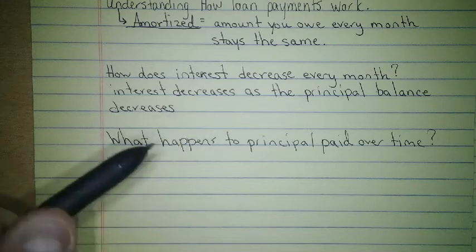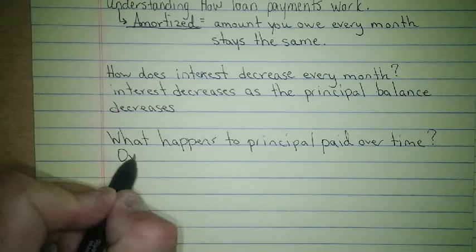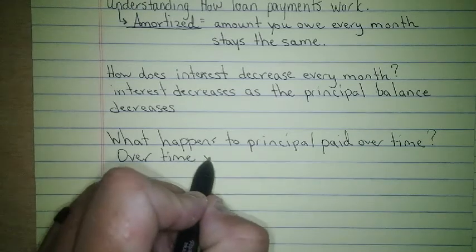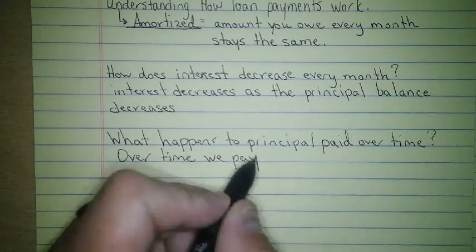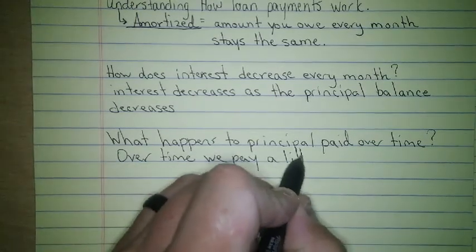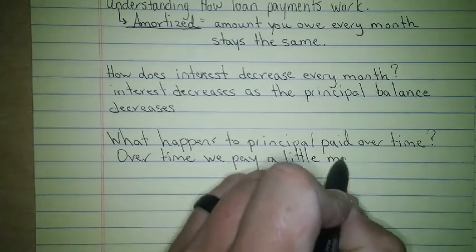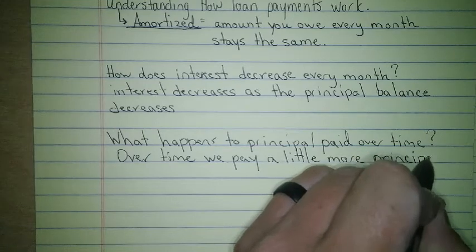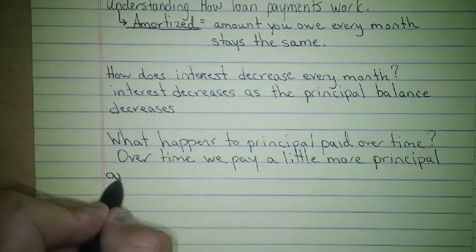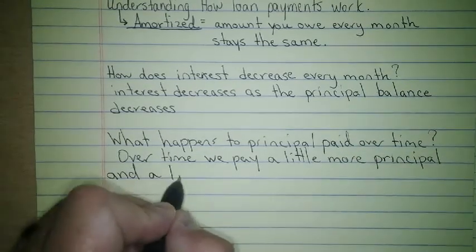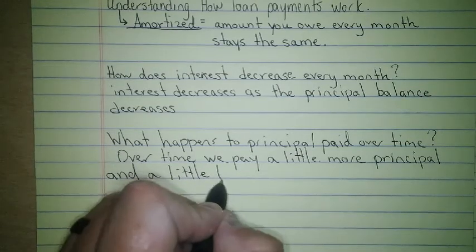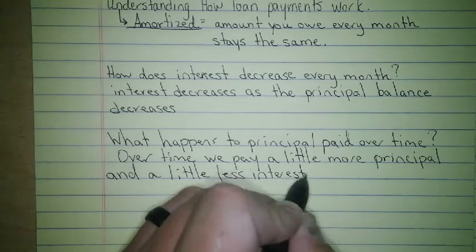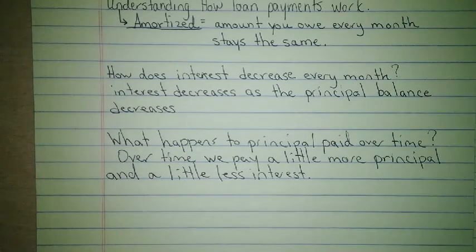So, put down over time, we pay a little more principal and a little less interest because we're paying the loan off, right?